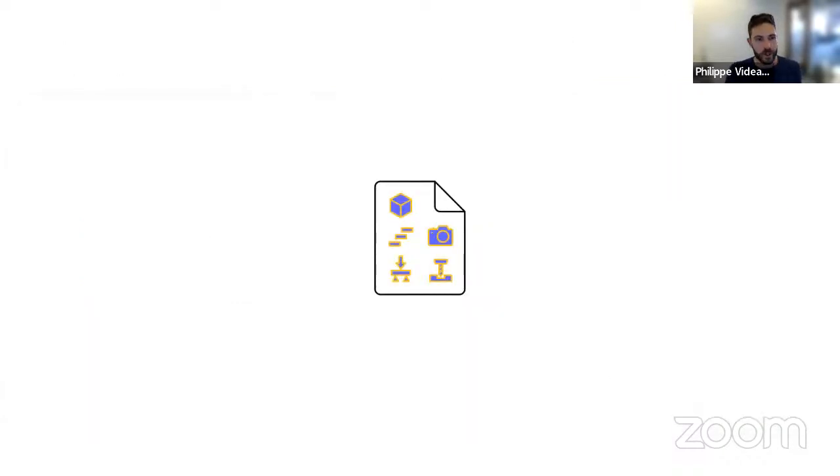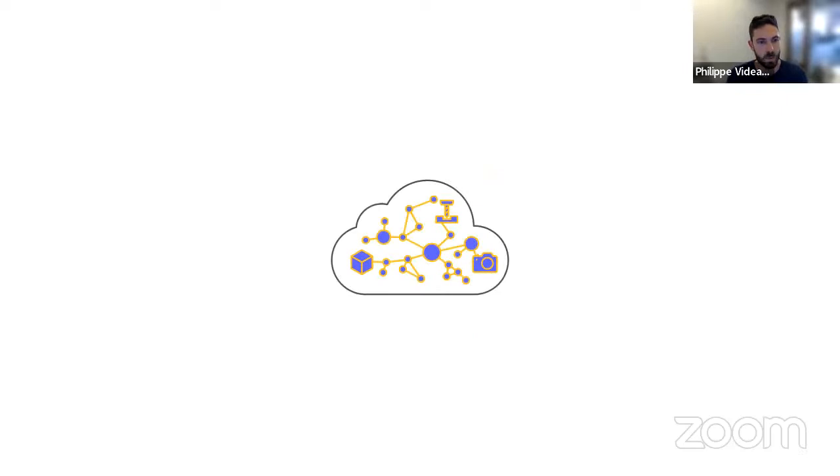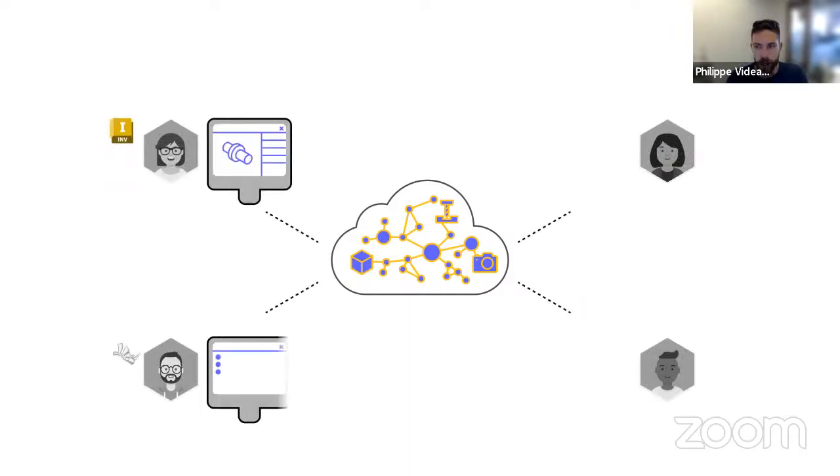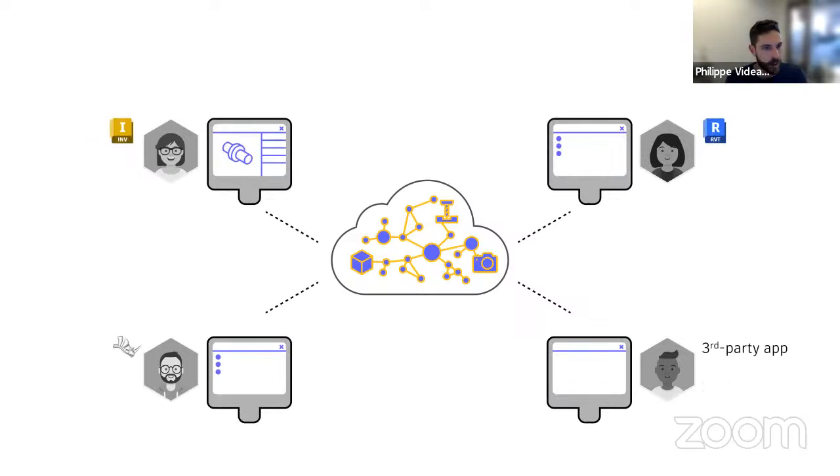So what we're doing at Autodesk is we are cracking open the very application-specific and proprietary file formats, and we are storing that data in the cloud, making it more accessible and open to all of you, so that no matter what discipline and no matter what tool you're working with, you can start to collaborate in a more cohesive and standardized way across the tools you use.